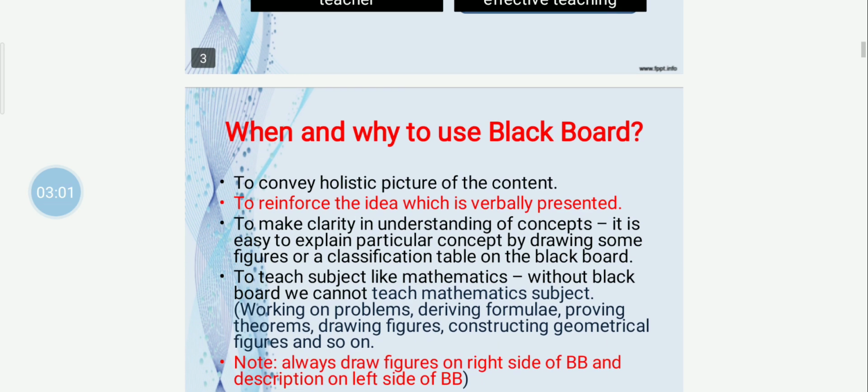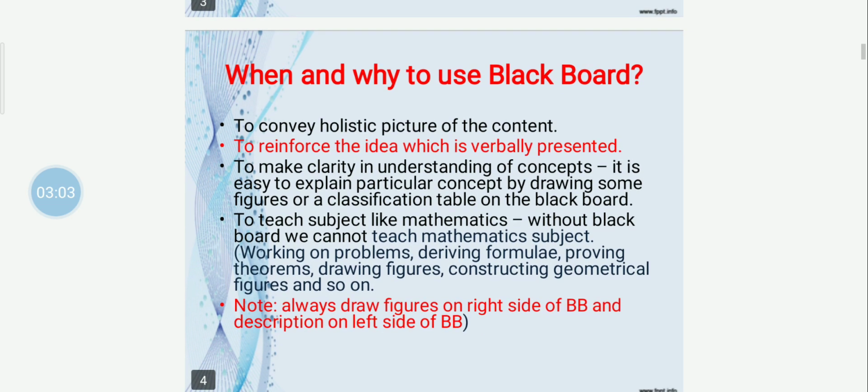Now we are going to see when and why to use the blackboard. To convey a holistic picture of the content, and to reinforce the idea which is verbally presented. If everything is only verbal, students will get bored. If we write on the board, the visual will reach the student's mind, so we use the blackboard as a visual aid.